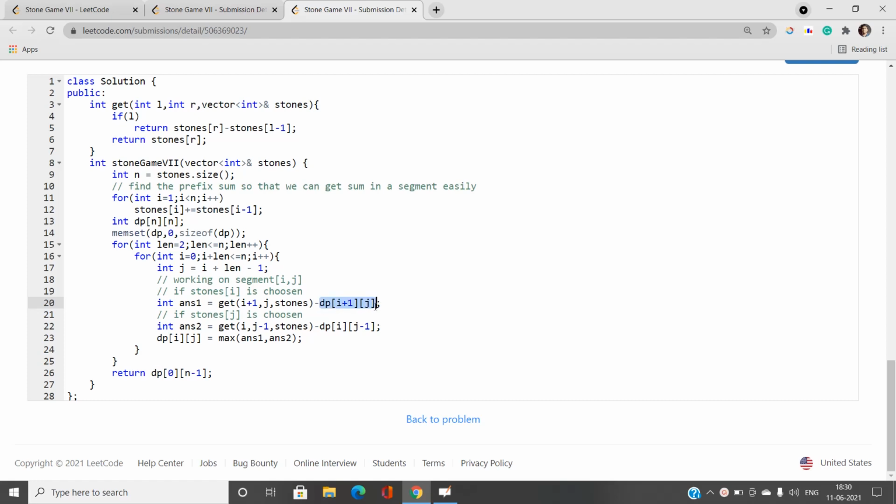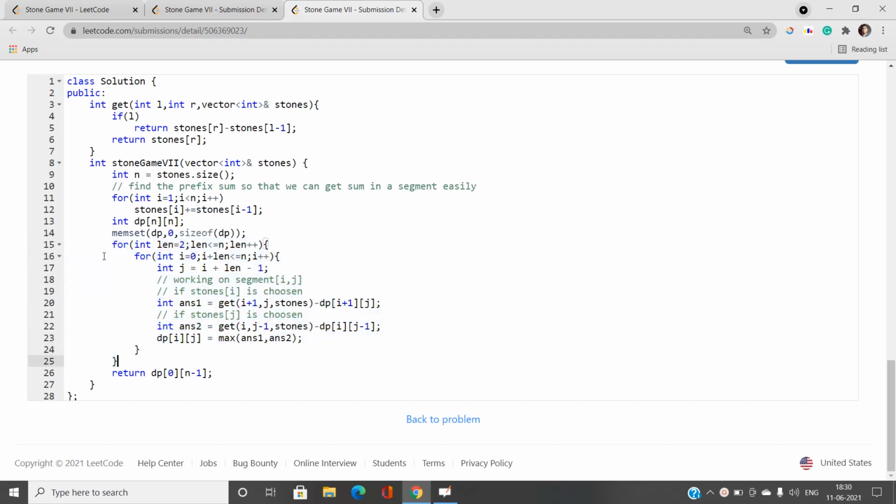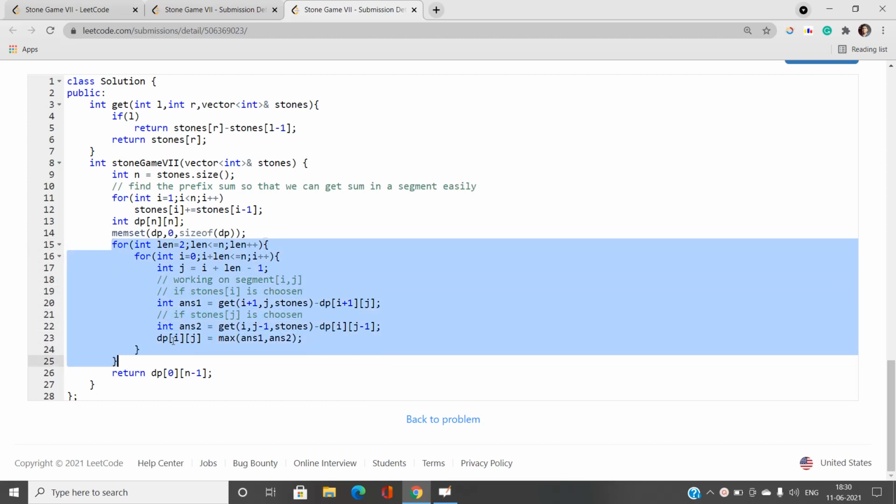Similarly for answer 2, and I get the answer for the current state as the maximum of answer 1 and answer 2. Then return the answer for the segment 0 to n minus 1. This is a common method like matrix chain multiplication. If you are aware of that, this follows a similar pattern.